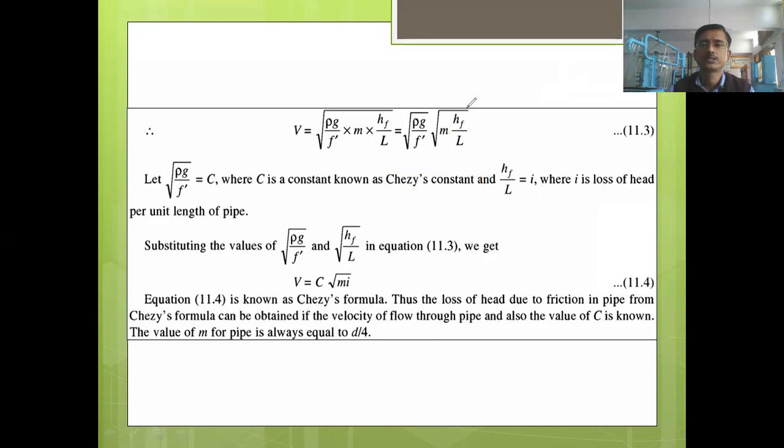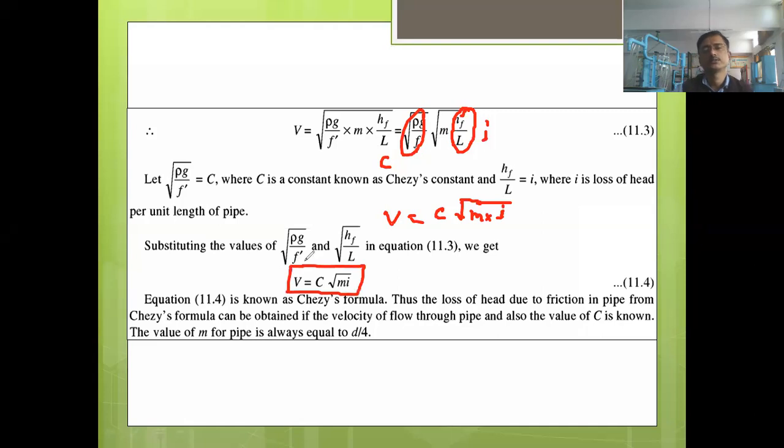Now instead of this term I am going to put I, and instead of this term we write c. So this equation can be written as v is equal to c into under root of m into I. This is the equation we call Chezy's formula or Chezy's equation: V is equal to c into under root of m I. This is the final equation.